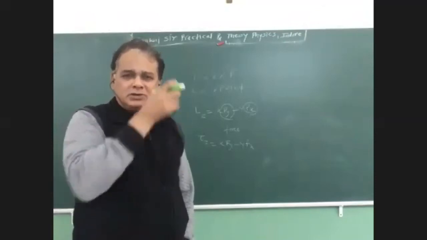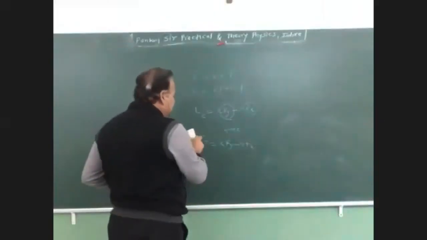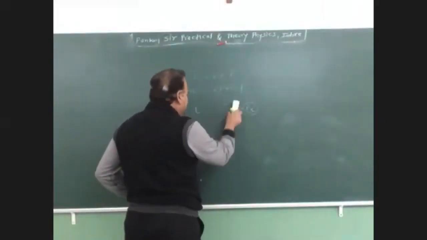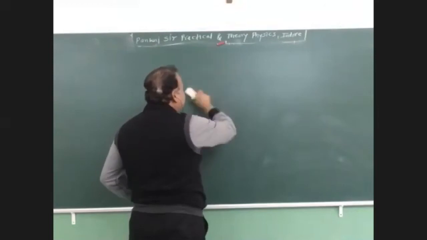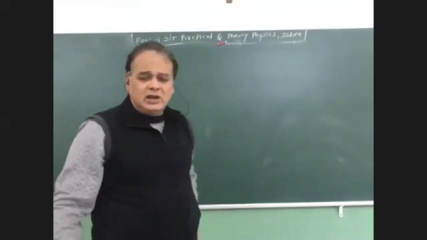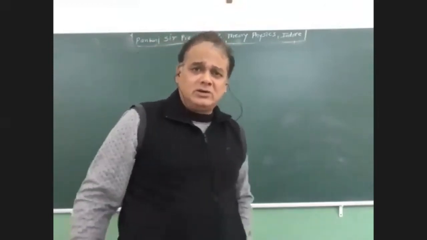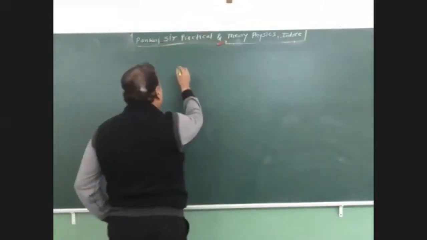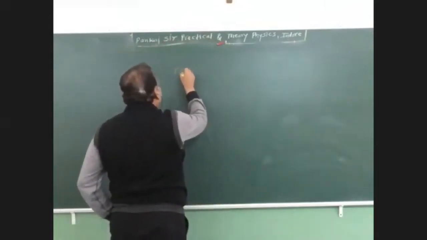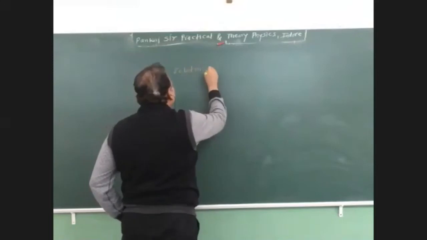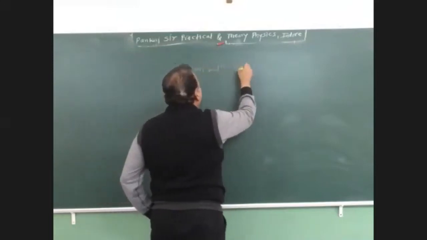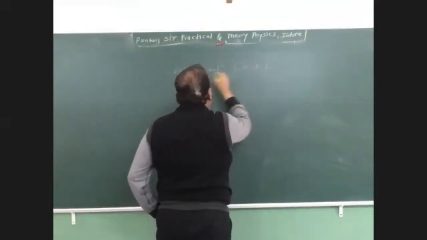So you have to discuss linear momentum not only in Cartesian but also in polar coordinate system. Now, surely there will be a relation between L and torque. So we are finding today, first of all, the relation between L and tau.